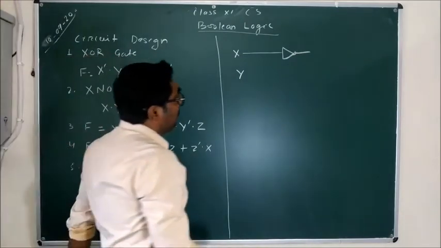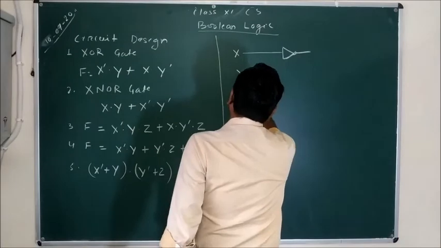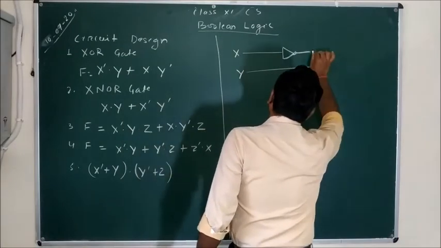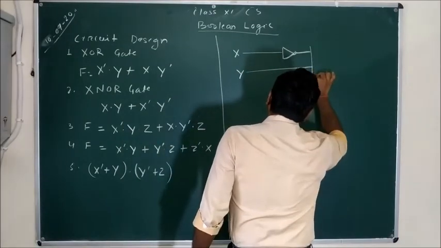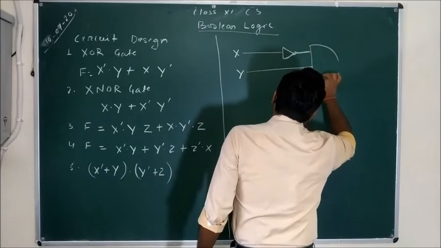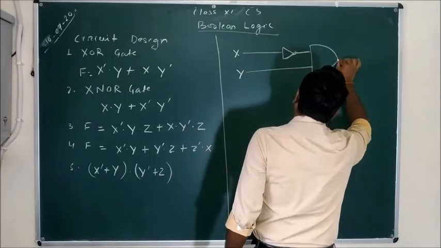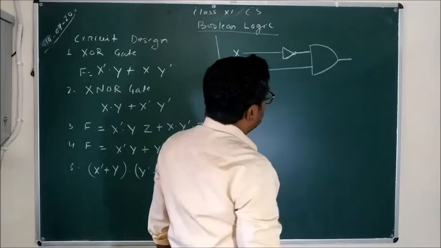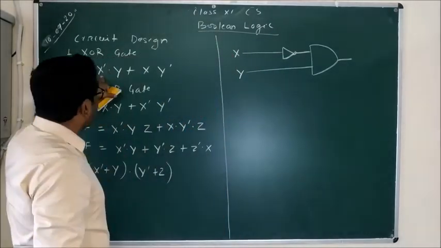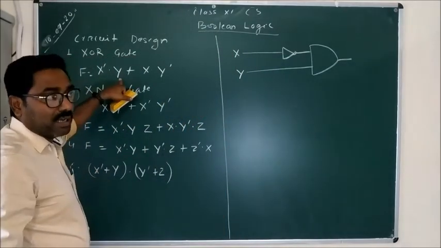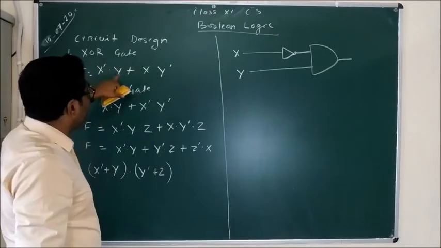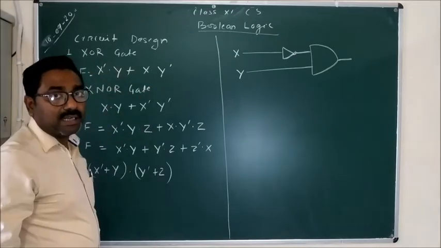After getting the X dash, Y comes directly over here. Now I am using an AND gate here. This is the symbol of the AND gate. So up to this point we get X dash dot Y. The second term is X dot Y dash.